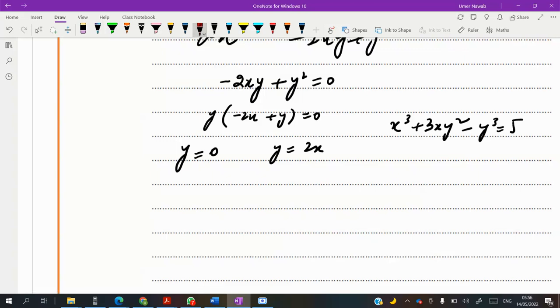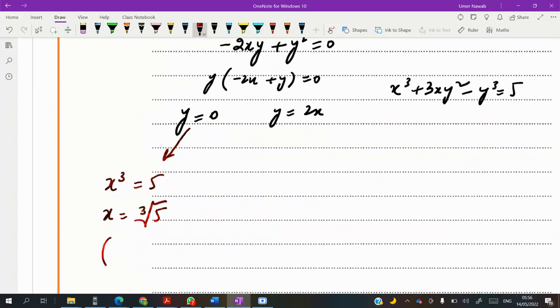When you plug this value, it gives you x cubed is equal to 5 and x is equal to the cube root of 5. So this point is cube root of 5 comma 0. One point where you draw the tangent, it will become parallel to the y-axis.